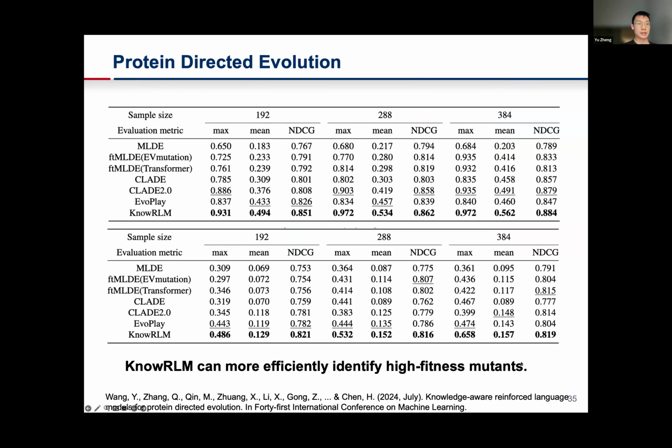On protein data sets, the evaluation shows that this model can more efficiently identify high fitness mutants than all existing baselines.